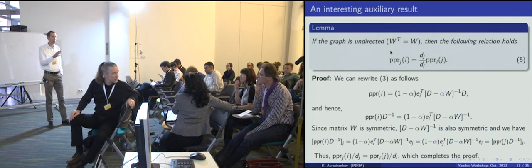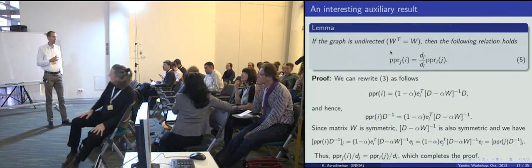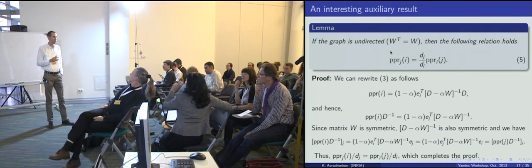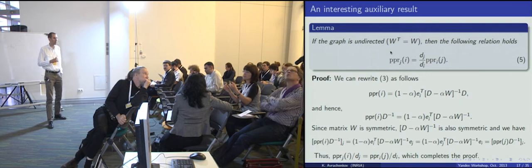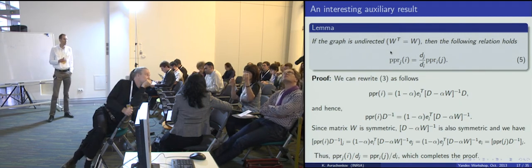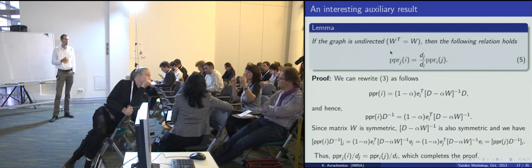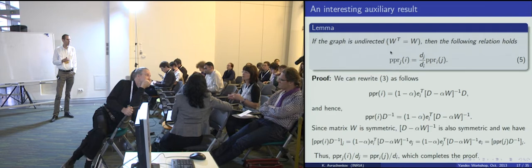By the way, PageRank is not reversible, but the terminating random walk is. Yet even in the undirected case, the time needed to reach J from I and the time needed to reach I from J are not the same. So because of starting at different points, you mess it up also.